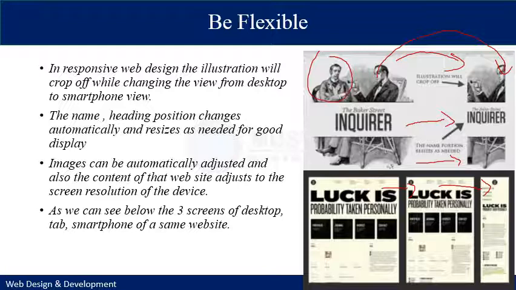So the heading is resized according to the screen size, the images are resized according to the screen size, and the text layout columns, for example, you can see here is a two column layout. The same is applied to the tab layout. However, in the mobile layout, the columns are divided into a single layout. Similarly, you can see the navigation here, which is horizontal. When you move to the mobile device, your navigation forms a vertical layout.